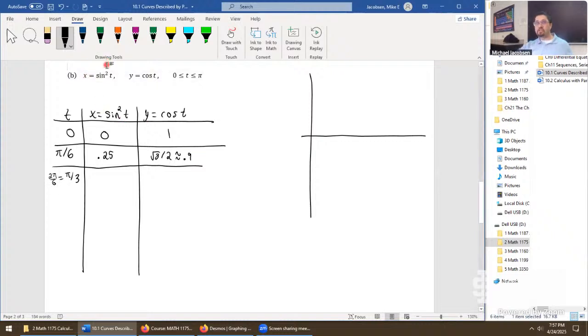At pi over 3, sine is √3/2, so if we square that, that's 3/4, so 0.75 on that first value. Cosine at pi over 3 is 1/2, so 0.5. Then next it's 3 pi over 6, which is just a fancy way of saying pi over 2. At pi over 2, sine is 1, so the square of that is 1 again. And cosine at pi over 2 is 0, so we'll just throw in the 0.